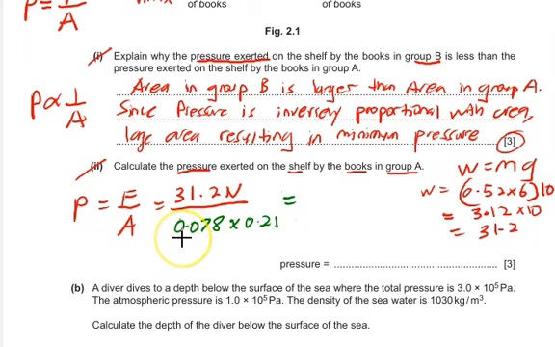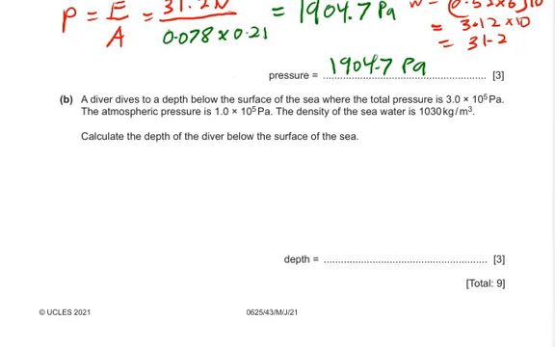So your total answer here will be 1904.7 Pascal. I hope you understand this. Now the next question.